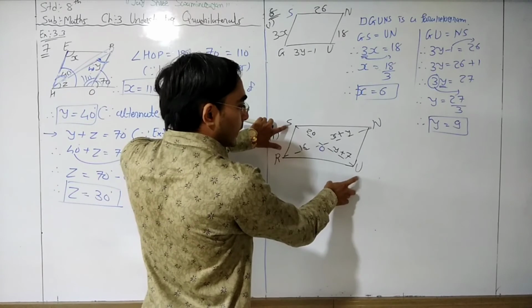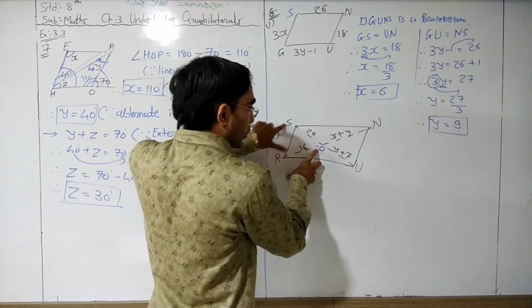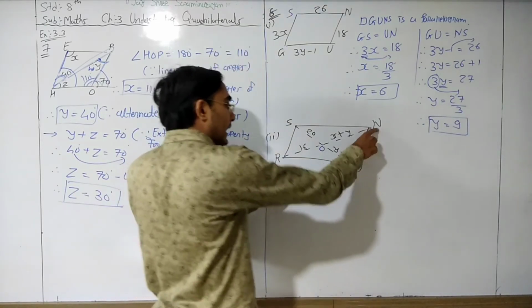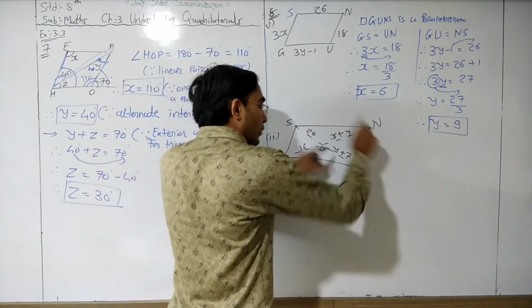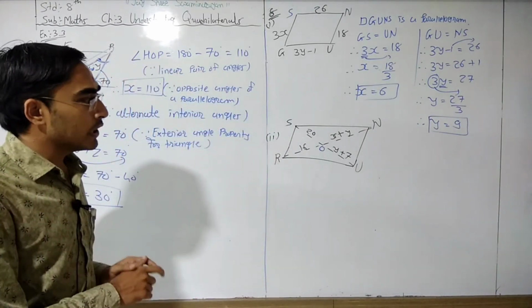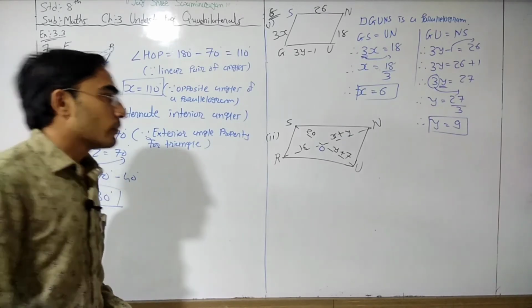So for diagonal SU, these two parts are equal. That means OS and OU both are equal. And for the second diagonal RN, OR and ON both are equal. So if we use this property, we can find the value of x and y.